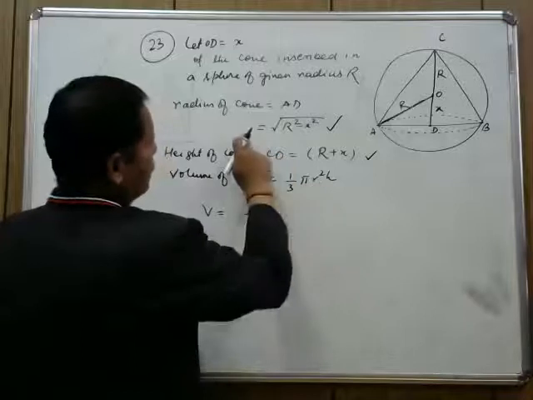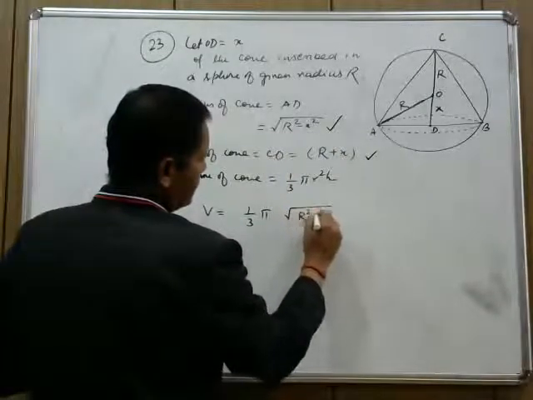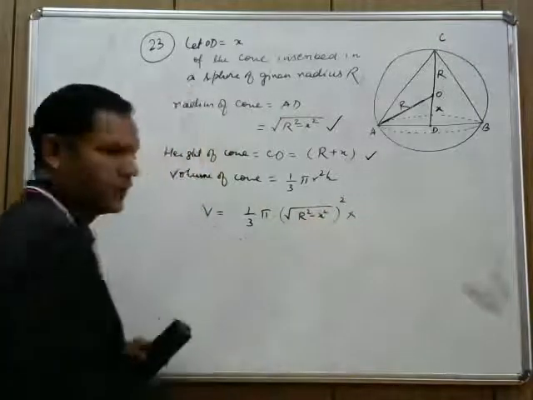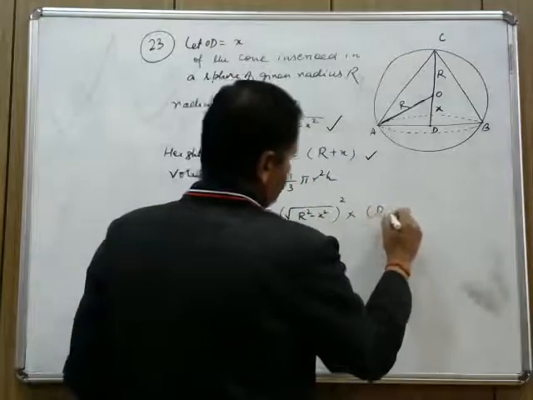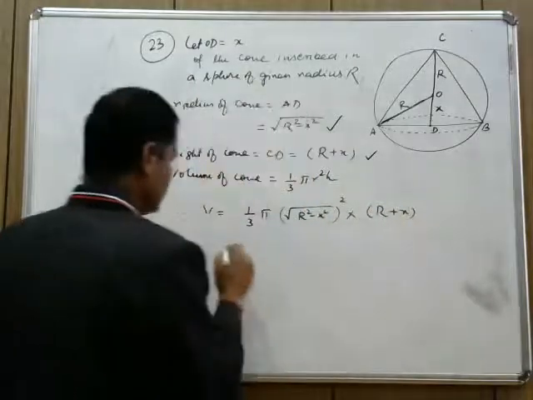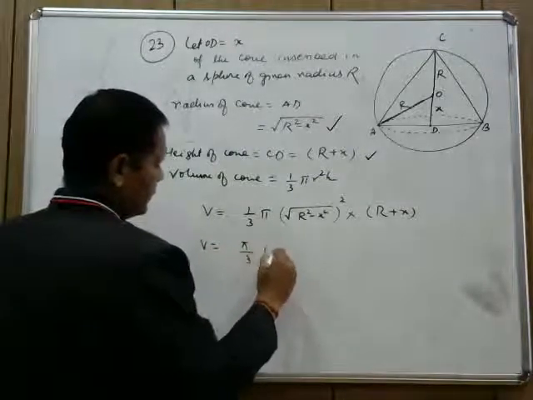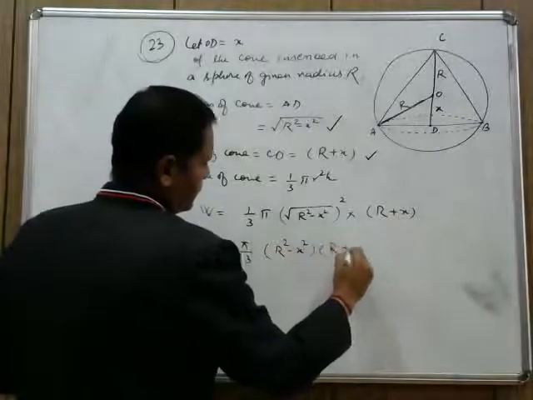Here the radius is under root R square minus x square, so I will write under root R square minus x square whole square into h. H is R plus x. So now we have V is equal to pi by 3 into R square minus x square into R plus x.